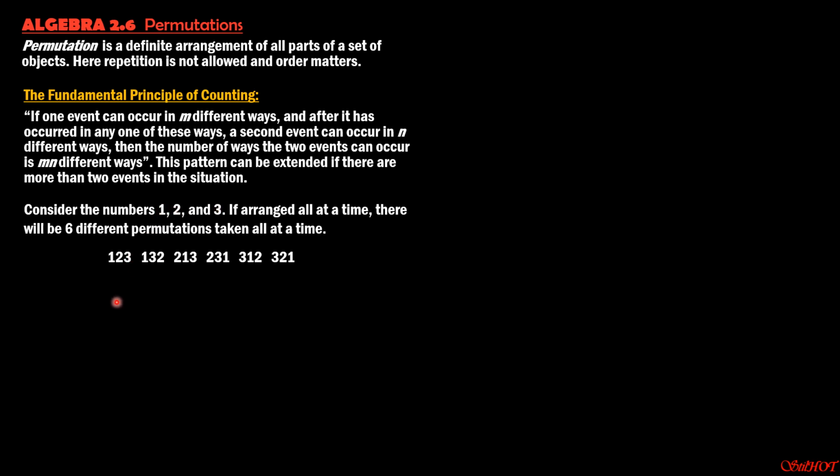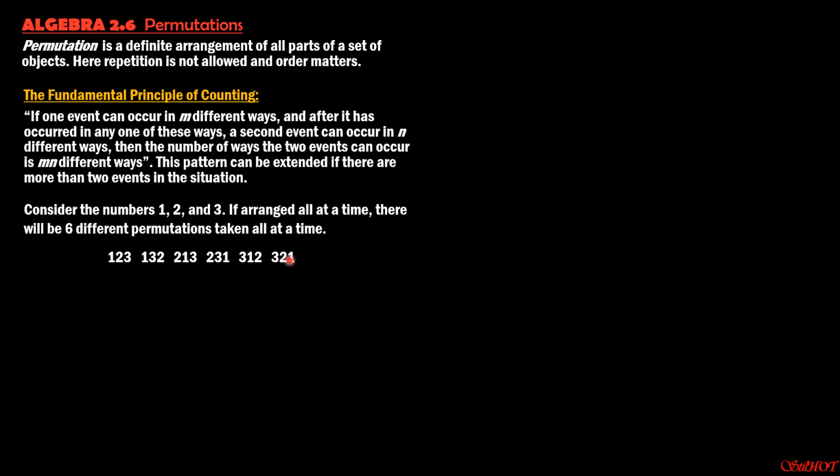After assigning the first position, there will be 2 digits left, so there are 2 ways to assign the second position. Then after assigning the second position, there will be one digit left. So 3 times 2 times 1 is equal to 6.